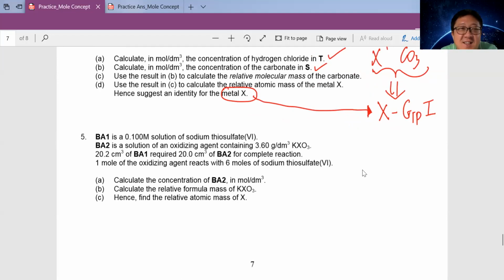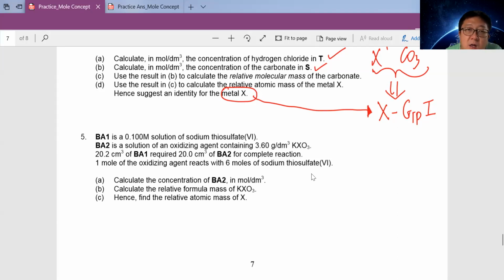Okay, can next one, question 5. Question 5 is sodium thiosulfate, okay, with an oxidizing agent containing 3.6 gram per dm³ of KXO3. You are told that it requires a certain volume for reaction, and then 1 mole reacts with 6 moles of sodium thiosulfate.